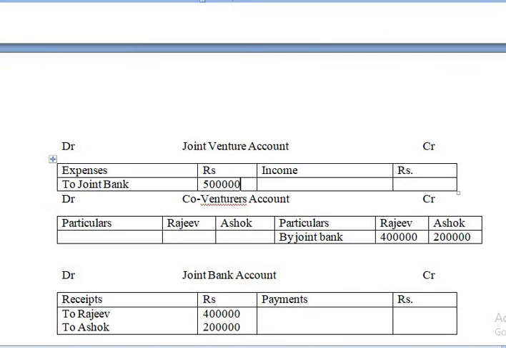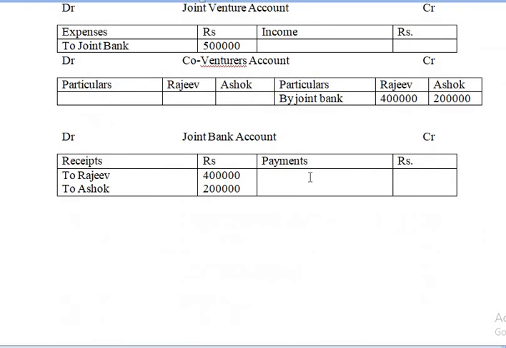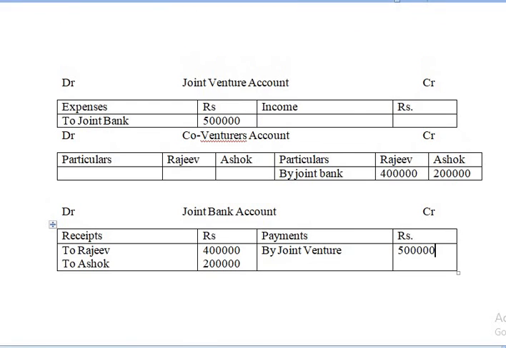Now joint venture account is debited, and joint bank account is credited, by 5 lakh. So the second transaction is also over.